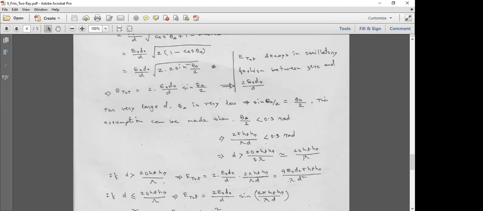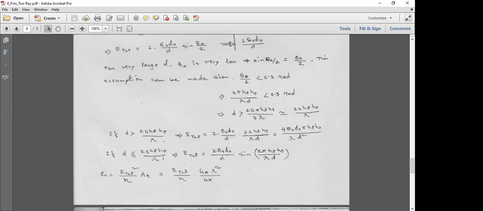So in the problems, you may have to first check whether you can use this approximation or not. ST, HR and lambda may be given. If frequency is given, then you can get lambda. So you calculate 20 ST HR by lambda and compare with D. If D is larger, then you can use this approximation. If D is smaller than this value, then don't do the approximation. So there are two different cases.